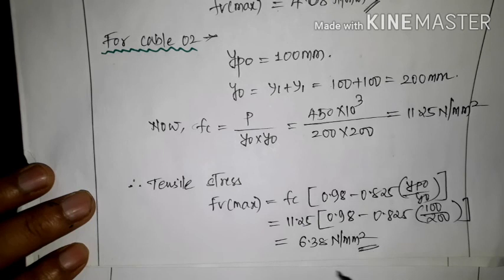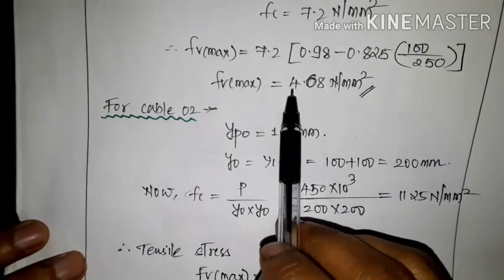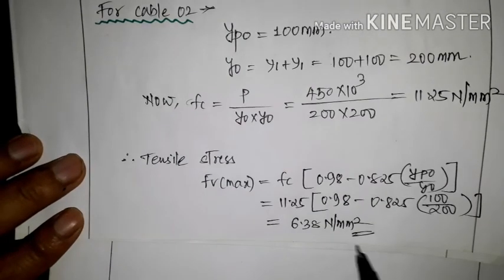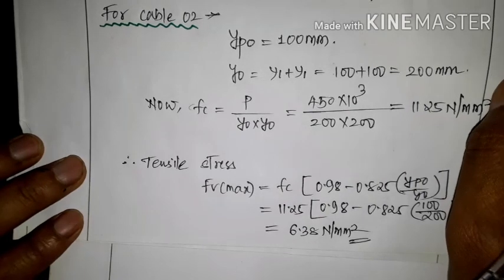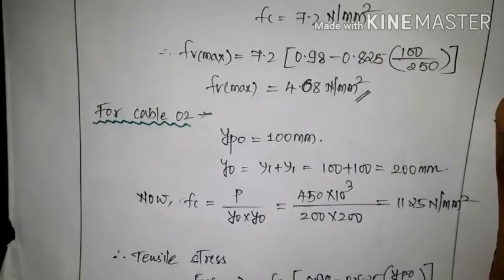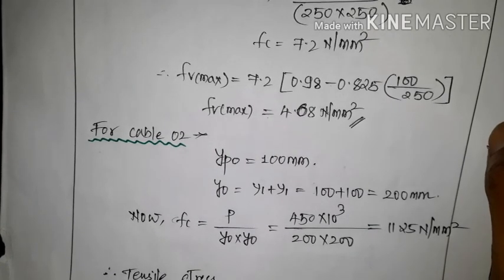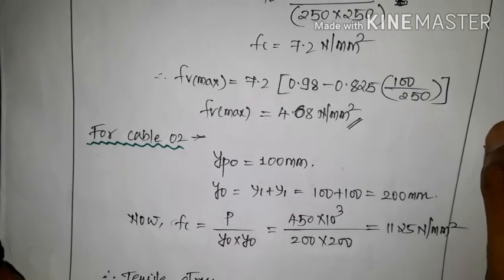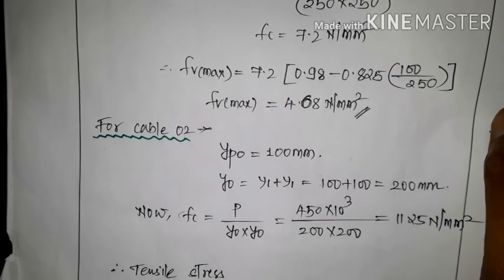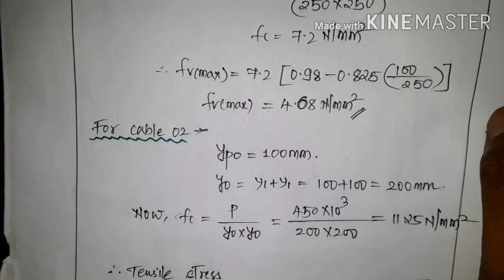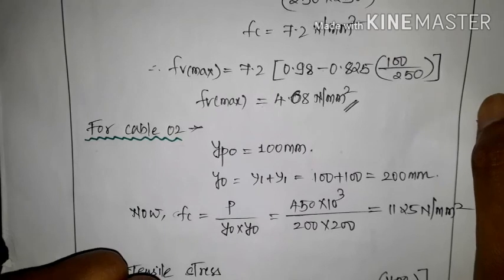So we got the tensile stresses. The maximum tensile stress when the cable is parabolic is 4.68, and when the cable is straight, it is 6.38. We can conclude that the section will be more capable when the cable is parabolic, so it can resist more stresses compared to a straight cable.